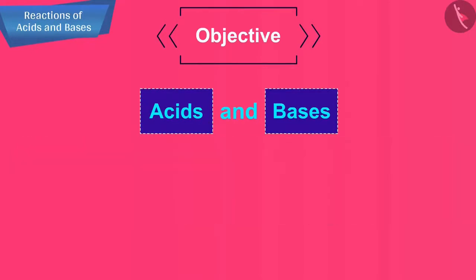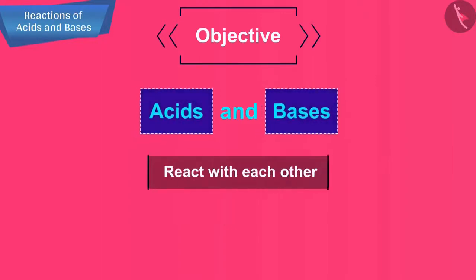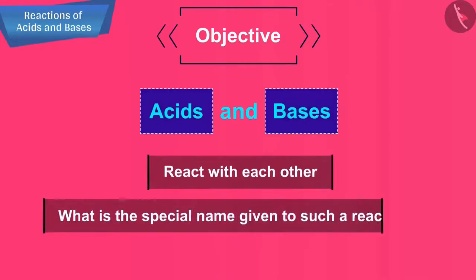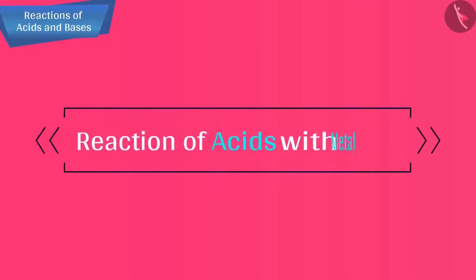We will also learn how acids and bases react with each other and what is the special name given to such a reaction. Let us now begin with the first reaction, that is, reaction of acids with metal.